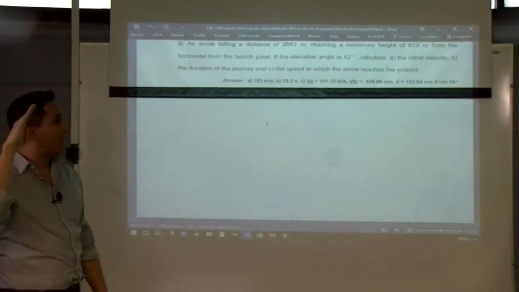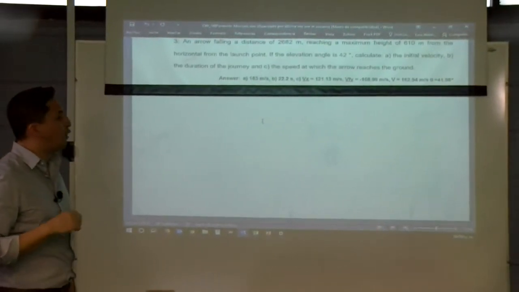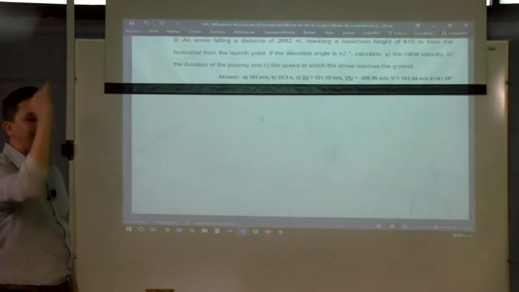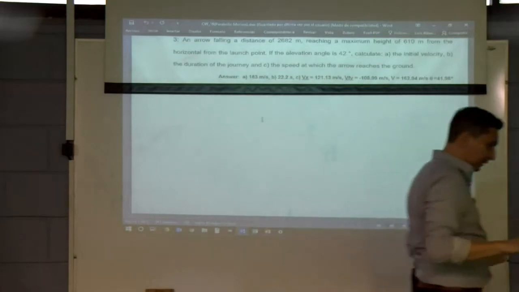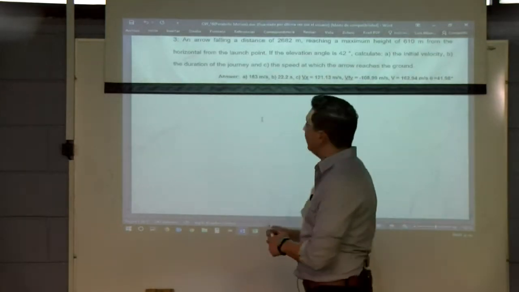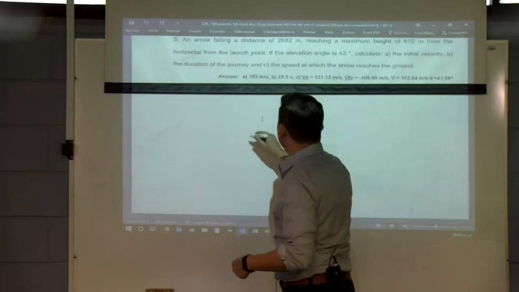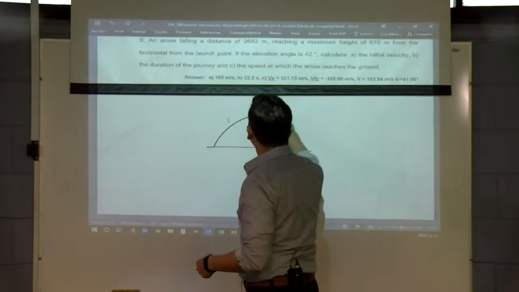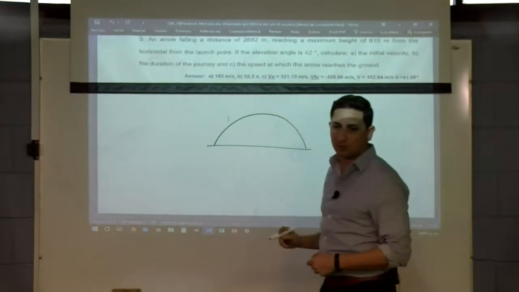An arrow falling a distance of 2,682 meters, reaching a maximum height. Okay, let's start drawing so you can understand this better. It says that you have a parabolic motion. You know that we are working in parabolic motion, right?